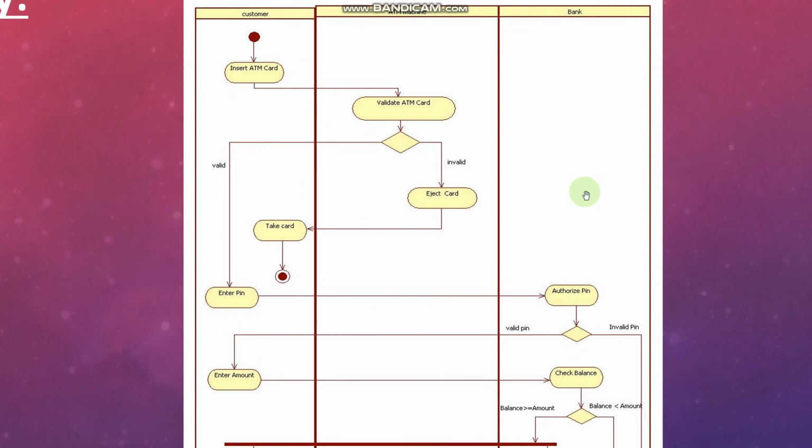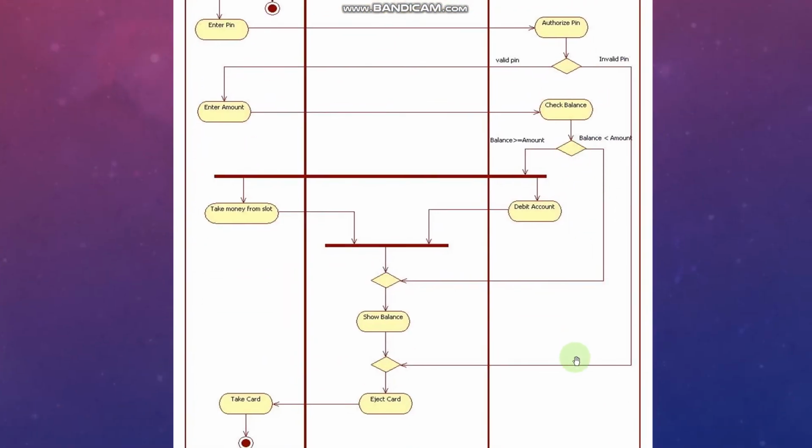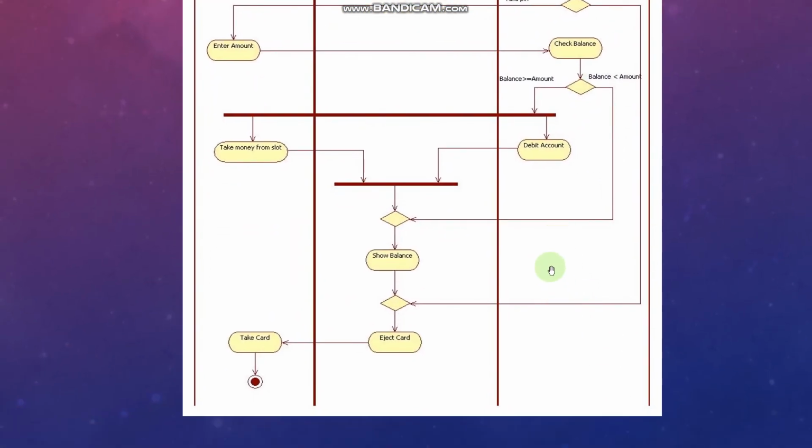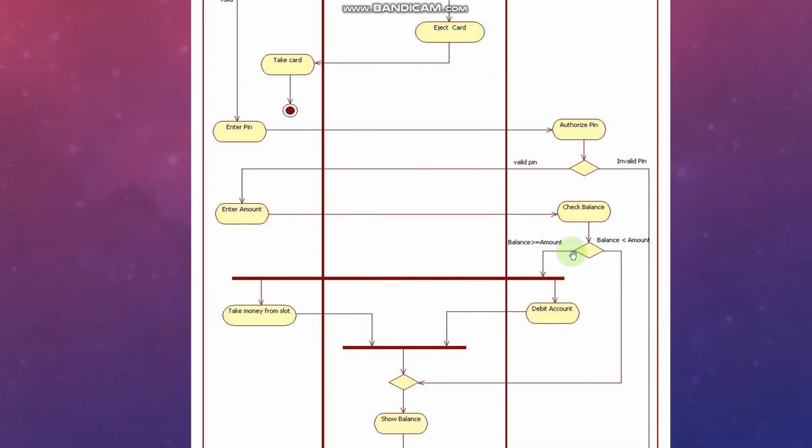For example, authorizing PIN is the activity carried out by the bank, so it is indicated in the bank lane. This type of approach is called the swim lane approach.